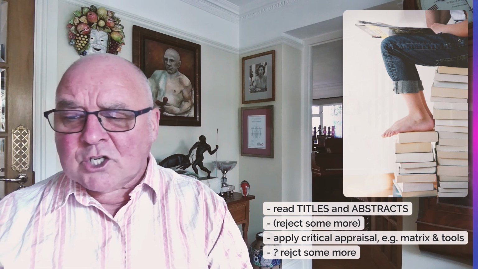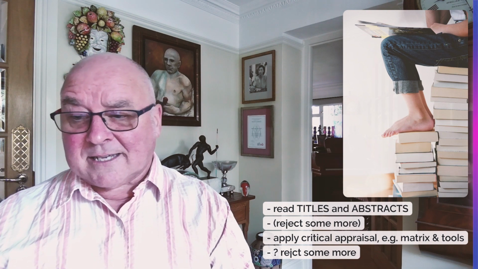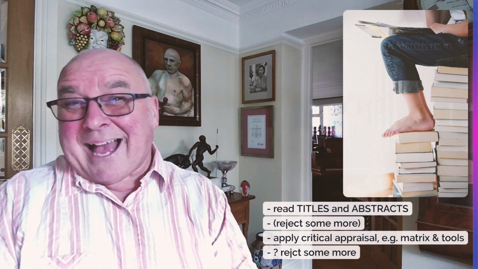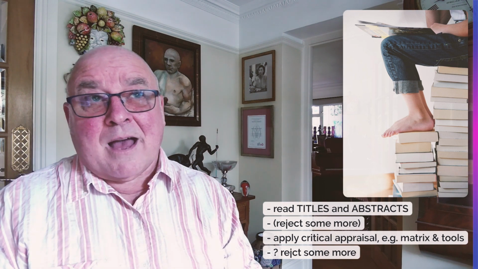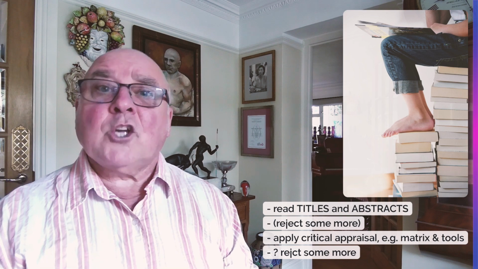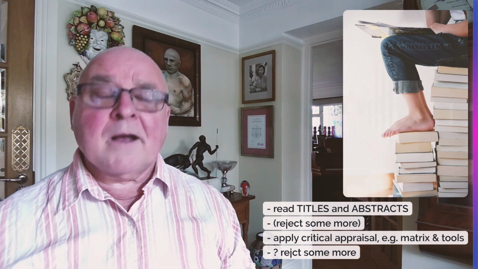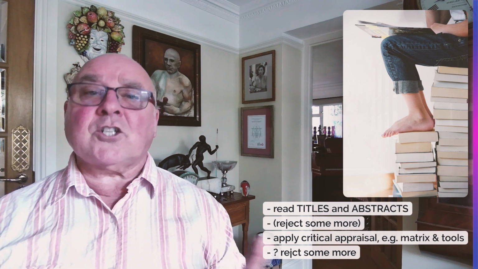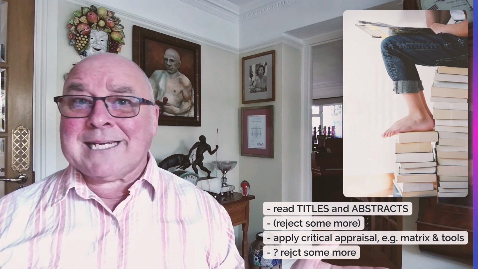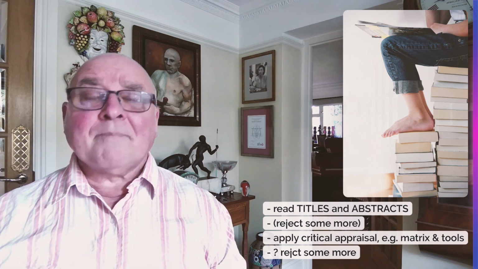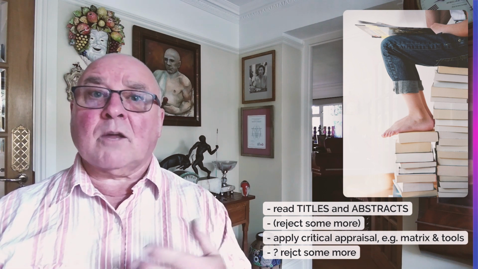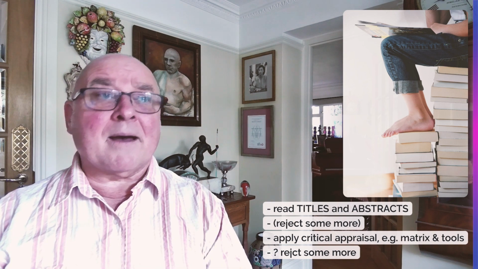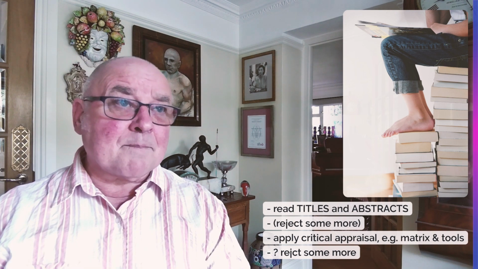And once you've done that and you've rejected some more, that's when you decide which appraisal tool you're going to use to critique the work. So, say for example, with some studies, it's important that you have a matrix as an appendix at the back of your work, and on that matrix you might have columns such as the authors' names, the title of the paper, the number of participants, the type of study.